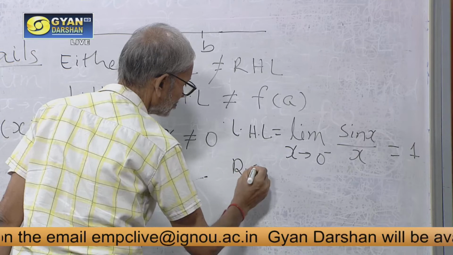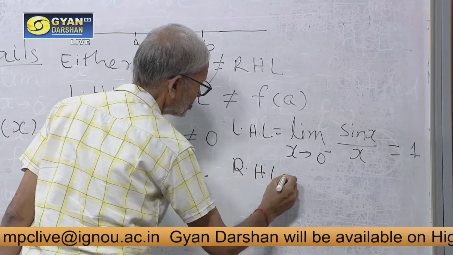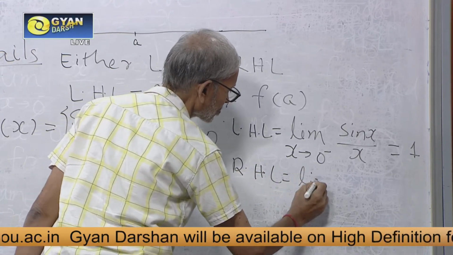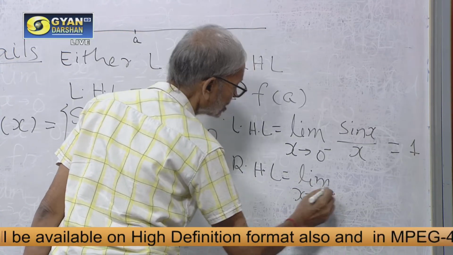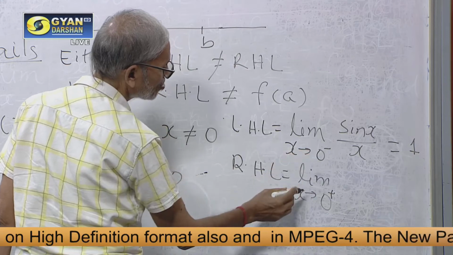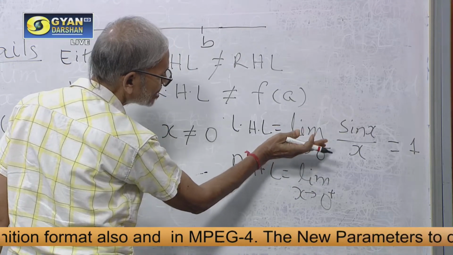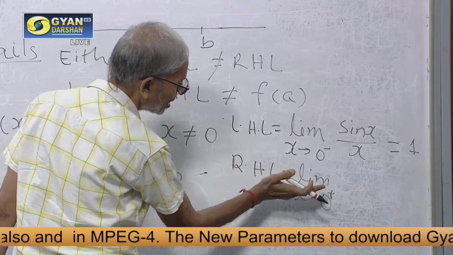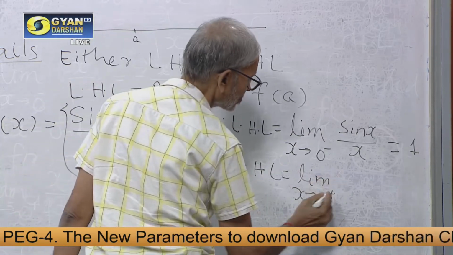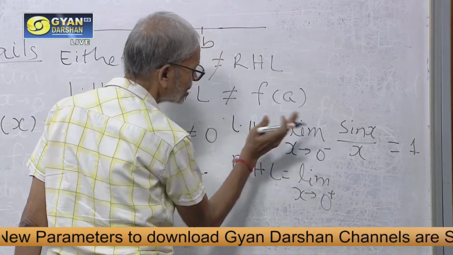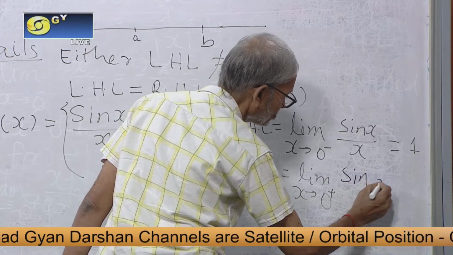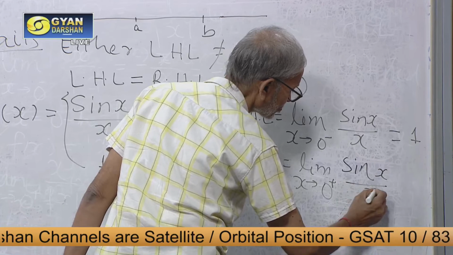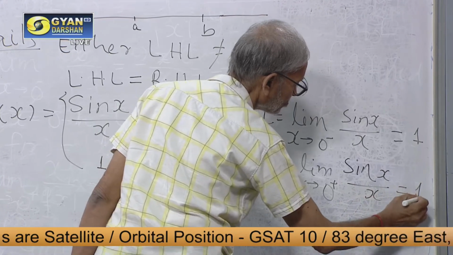And RHL, limit x tends to 0 plus. It is not defined at x is equal to 0, but it is defined just before and just after 0. Again its value will be equal to 1.